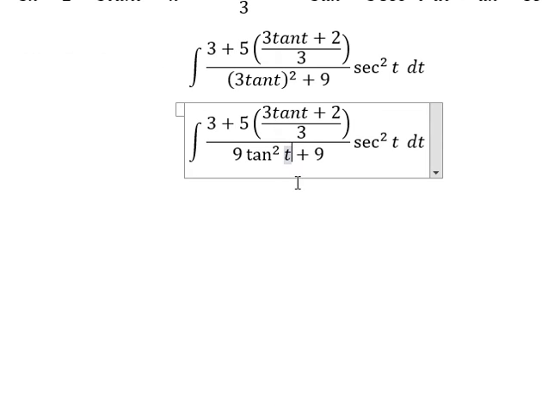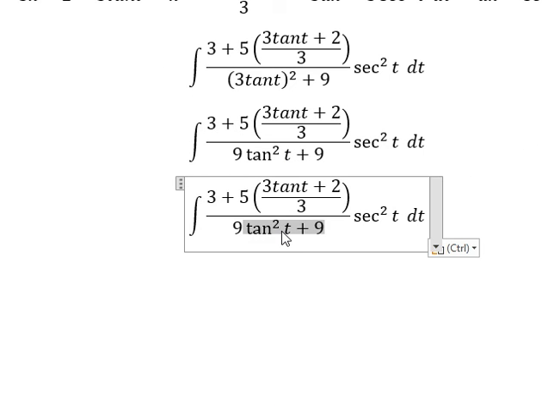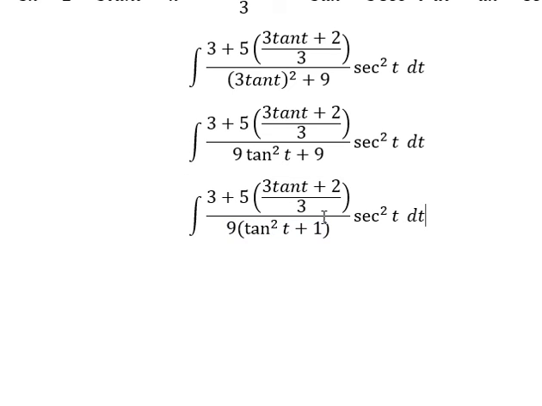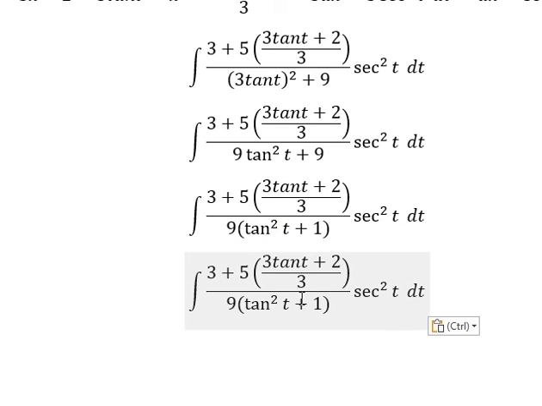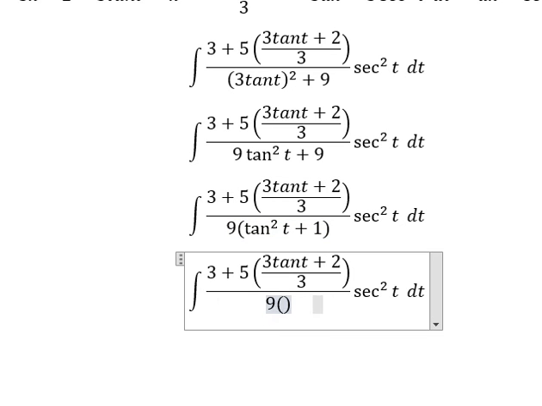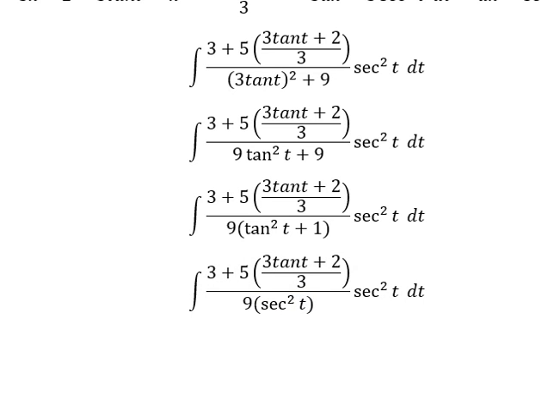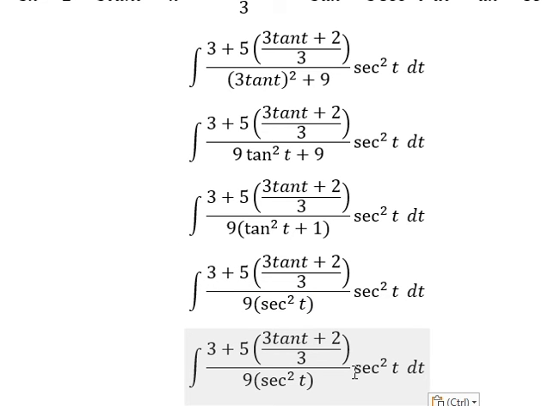Number 9, we can factorize. So this one we change to secant of t squared, and later we simplify the numerator and denominator.